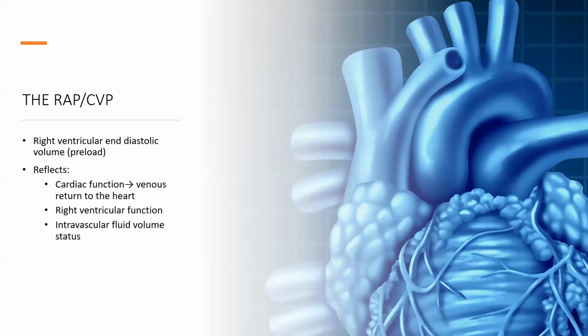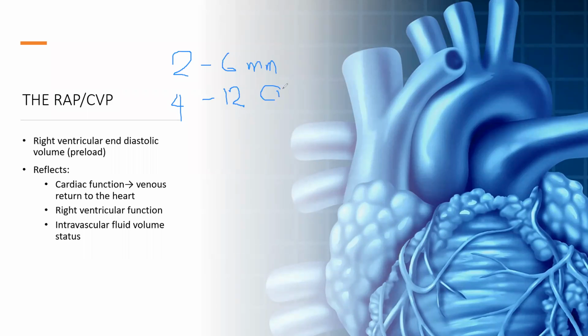All right. So the normal CVP ranges anywhere from 2 to 6 millimeters of mercury or 4 to 12 centimeters of water.